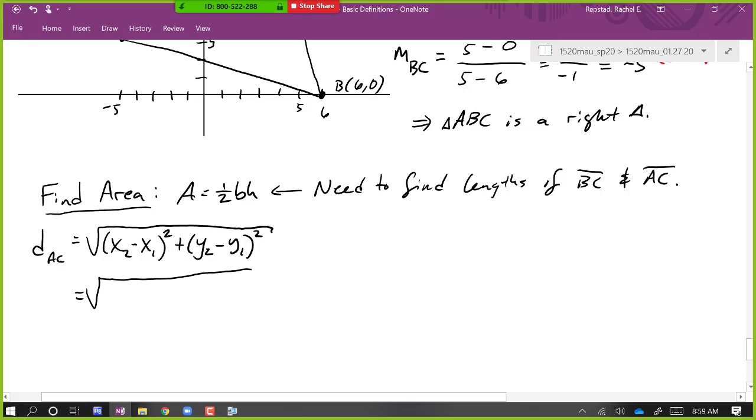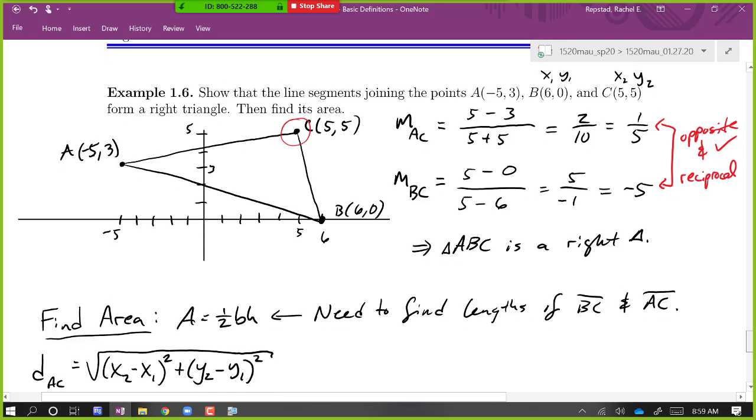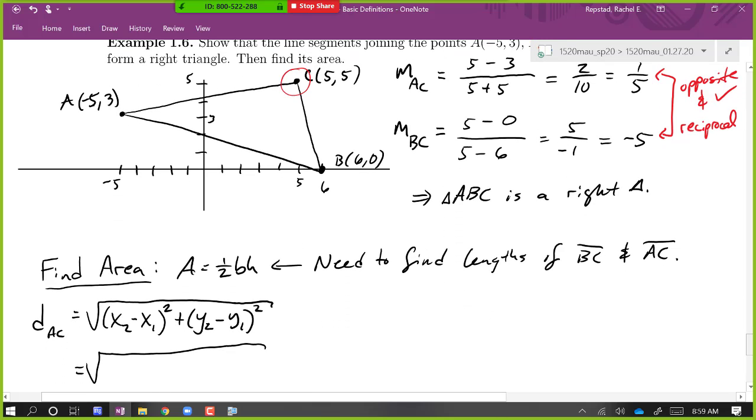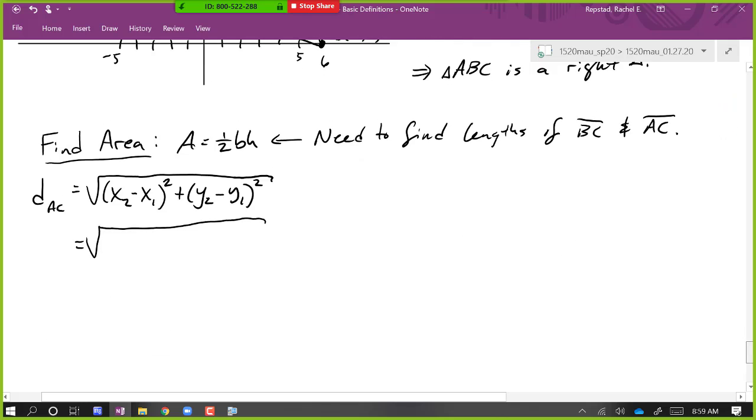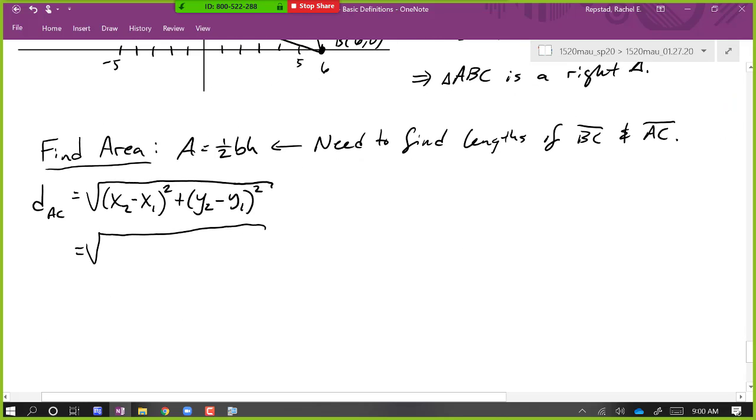So x2 minus x1 is 5 minus a negative 5, so 10 squared, plus y2 minus y1, which is 5 minus 3, squared.